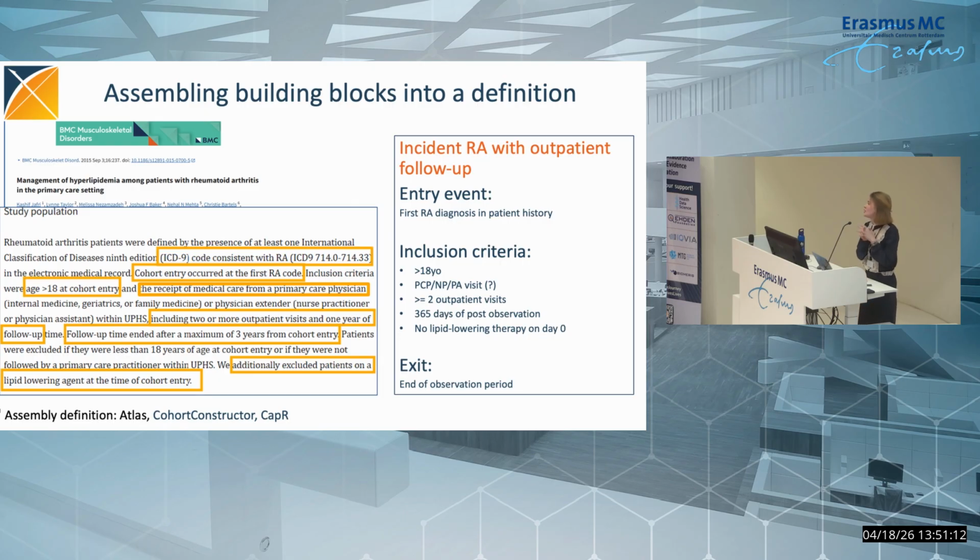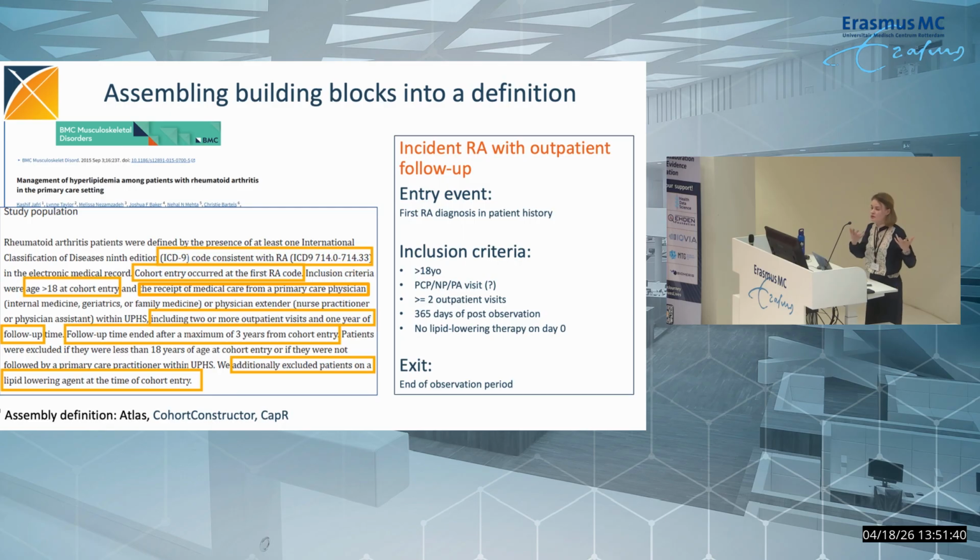What we really want to say here is that a cohort is more than just a concept set. It's always the logic of how a patient enters the cohort, for how long the patient satisfies the criteria, and when the person exits. Now that you have these concept sets or building blocks, you can think of the logic of how to assemble these things into a cohort description or a cohort definition.